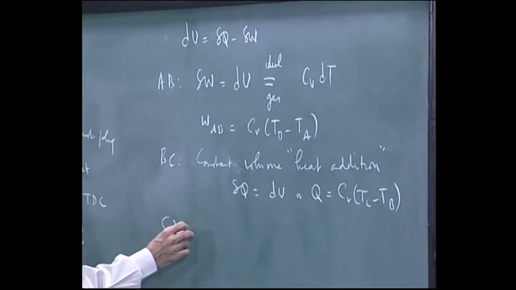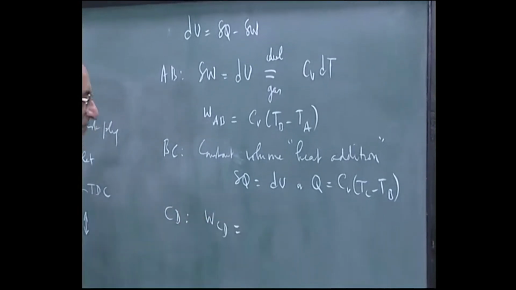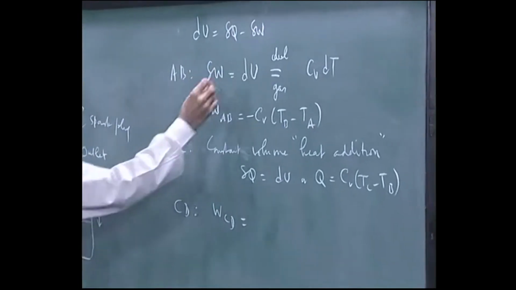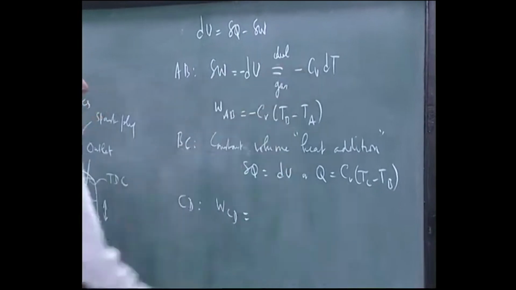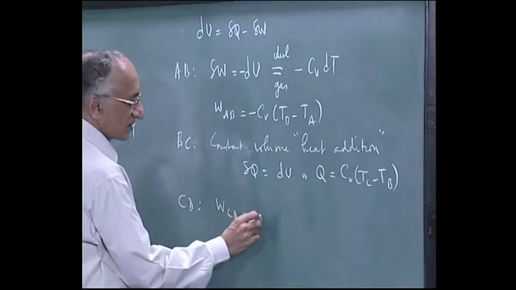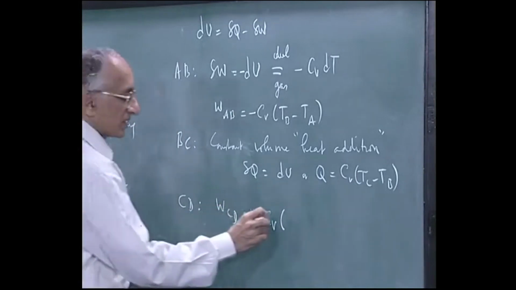is again an adiabatic process. You have WCD, there is a minus sign here because du is minus delta W. So this is minus, okay. Then WCD is exactly like here, I can simply write it down, this is Cv into Td minus Tc.